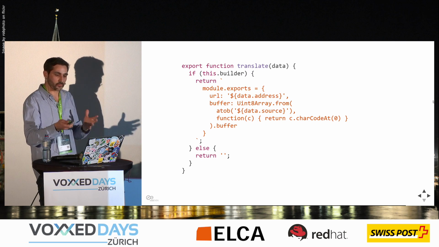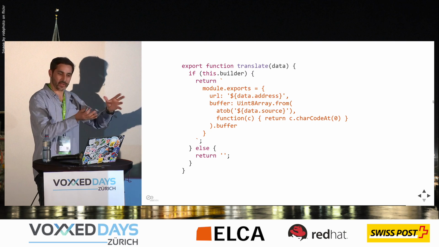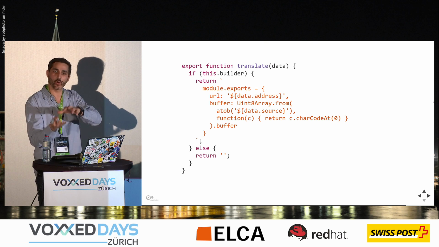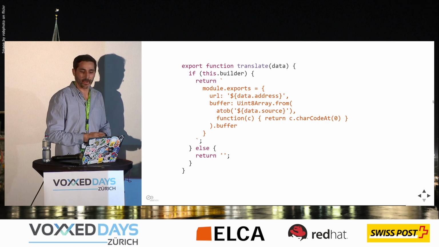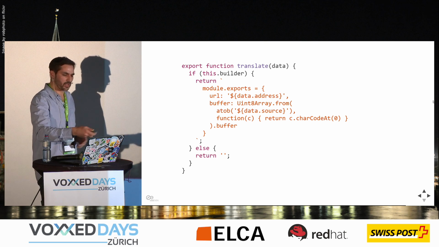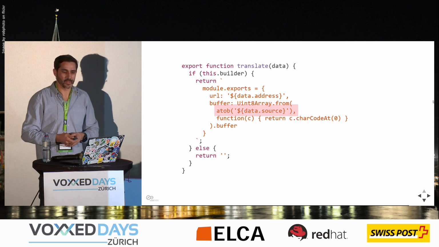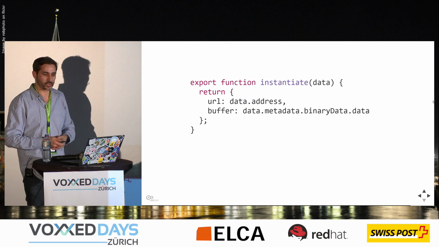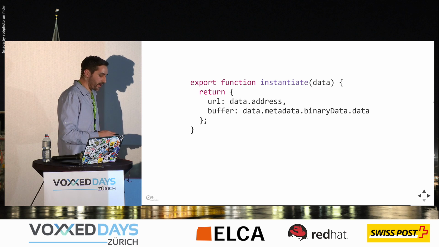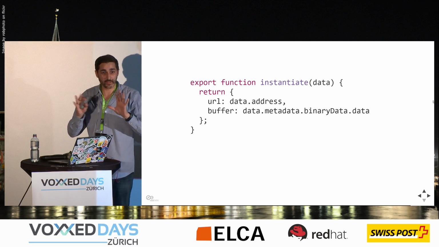For the builder part in the translate, again we are putting together a module exports that is decoding base64. And if you're not in the builder, we don't care about the translation because we're taking the shortcut. And now we are in the instantiate hook again, and here we are only in the browser.